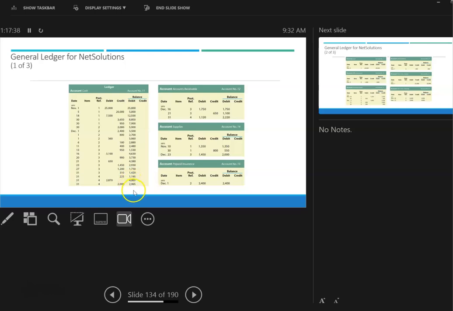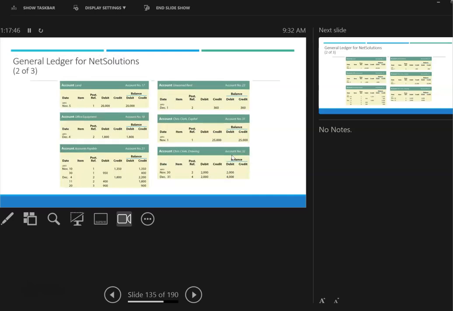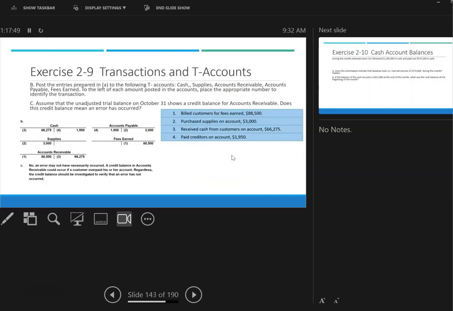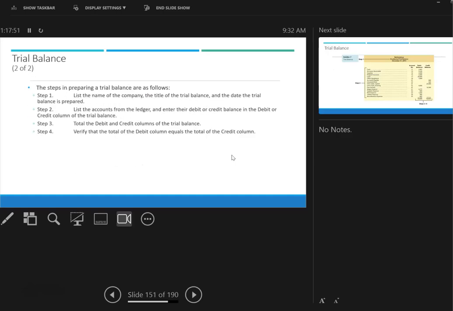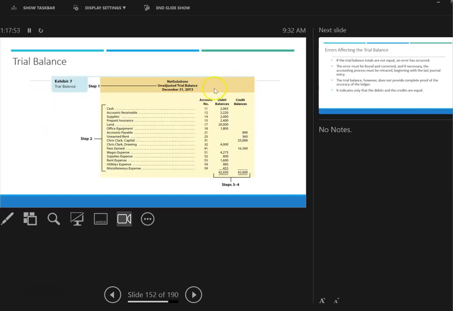That's what we're taking. Do you see the accounts receivable has a debit balance of 2,220? Do you see supplies is at 2,000? Do you see what I'm doing? You're going here and you are just showing every balance. You're putting the debits where the debits go and the credits where the credits go.